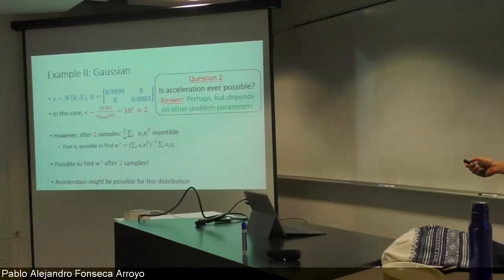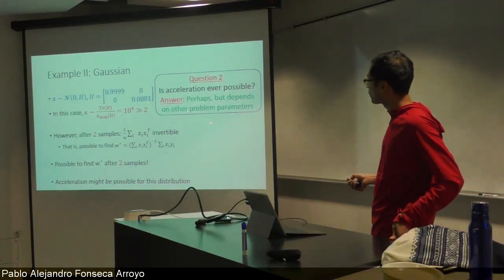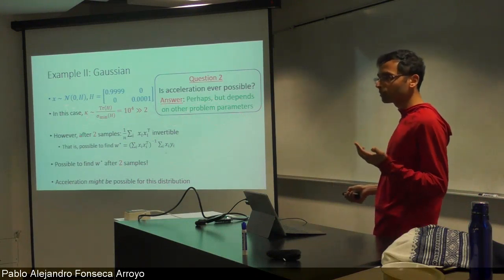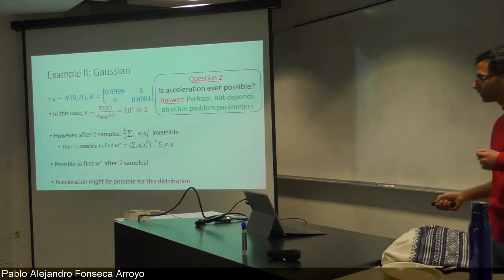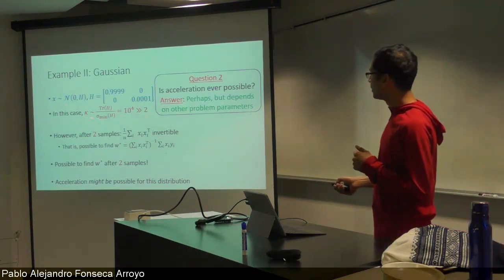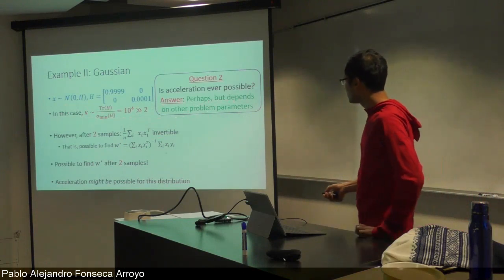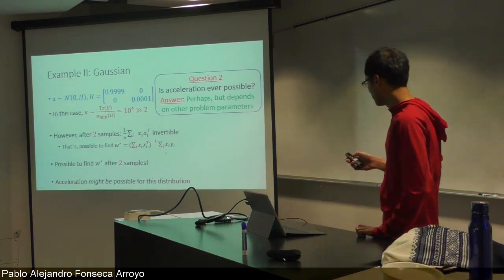And the key takeaway here is again that it depends on some other problem structure and not just the condition number. Because we saw two problems with the same condition number, one where acceleration was not possible and the other where acceleration seems possible. So what exactly is the problem parameter that seems to capture this? That becomes clear when you look at what we are doing here, which is inverting the empirical covariance matrix.